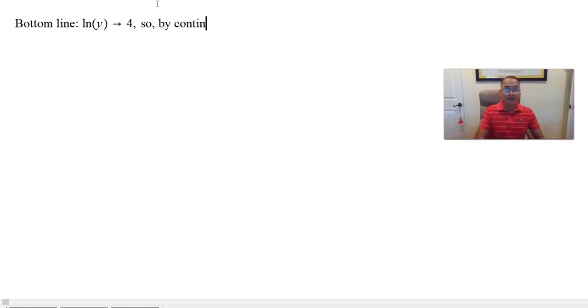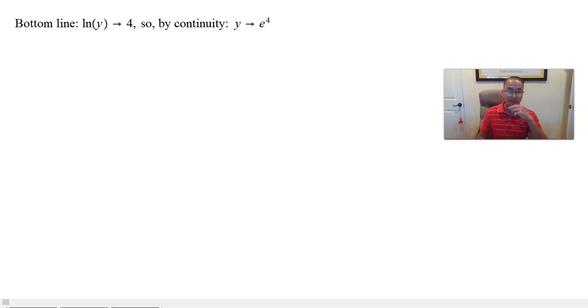So by continuity, if the ln of a number is approaching 4, then that number must be approaching, is it ln of 4 or is it something else? I'm sorry, y is approaching e to the power 4.